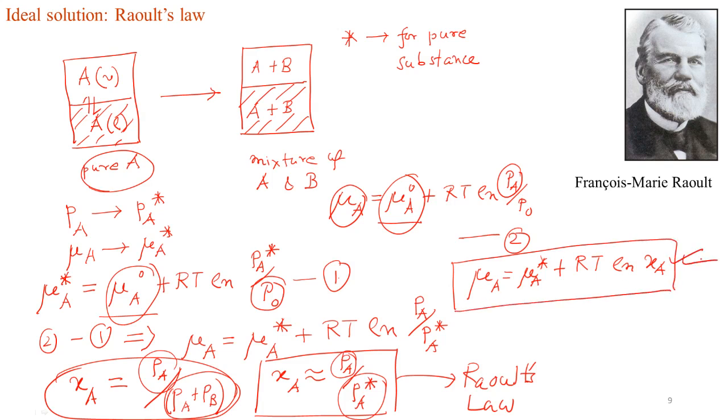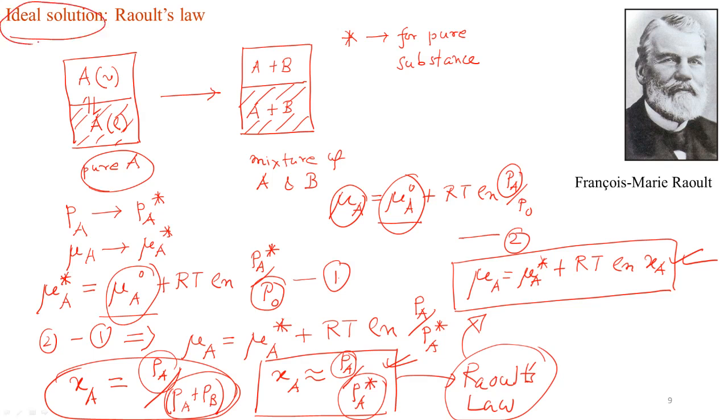Now some textbooks write this as Raoult's law, but it is not very correct, because this is Raoult's law when applied to ideal gases. Now the substances, or the solutions, which follow this equation are called ideal solutions.